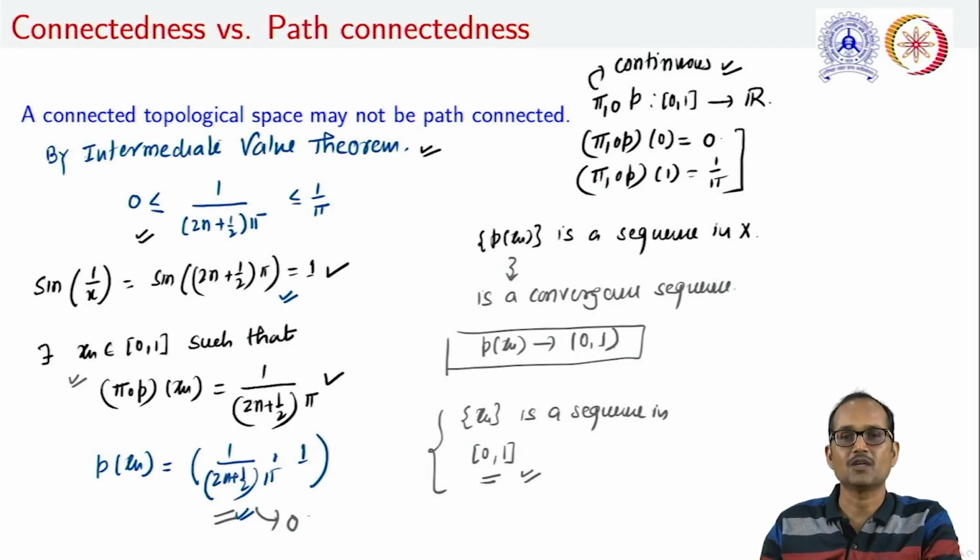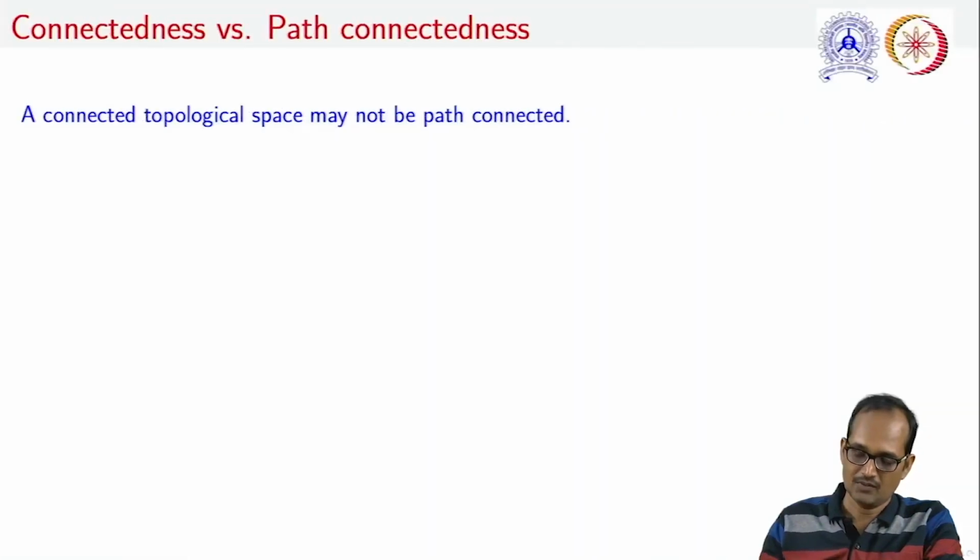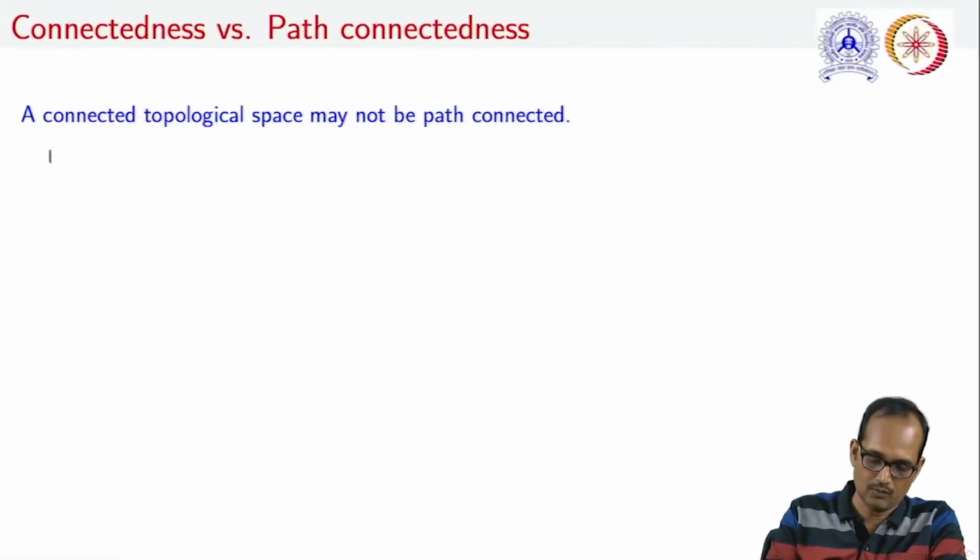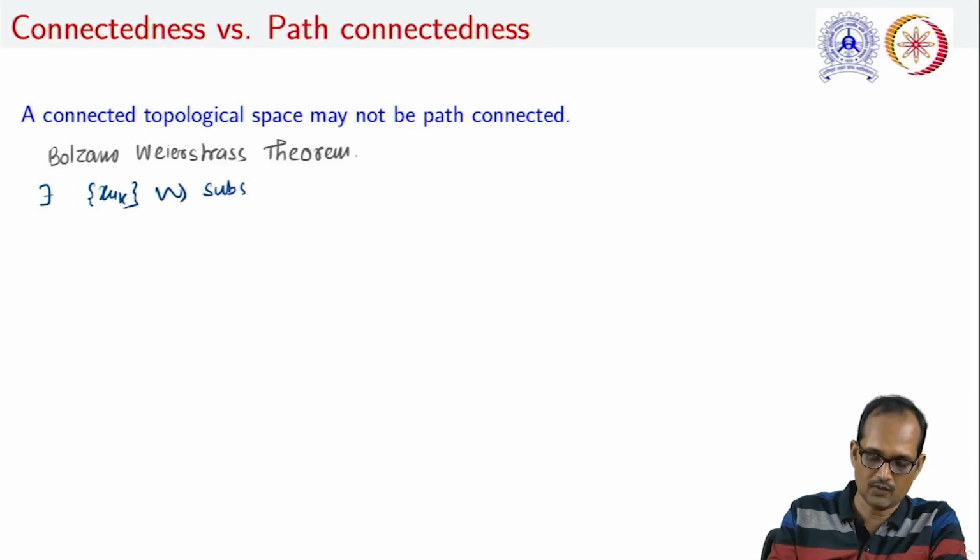We can use a concept of analysis here, the well-known Bolzano-Weierstrass theorem. We can conclude that there exists a subsequence, let us assume x_{nk}, of the sequence xn, which is also convergent.